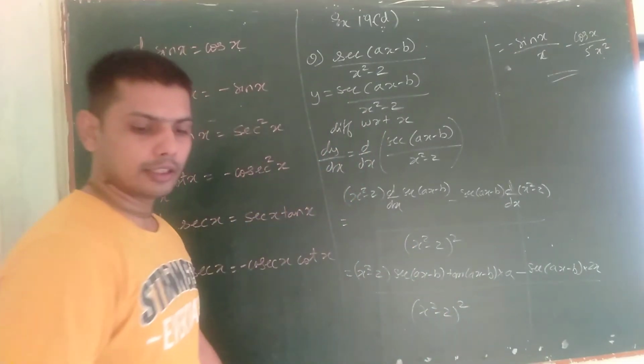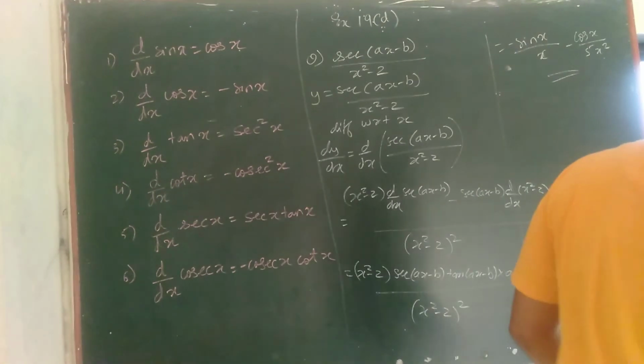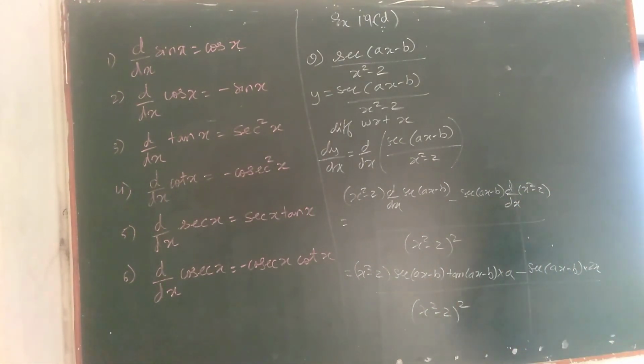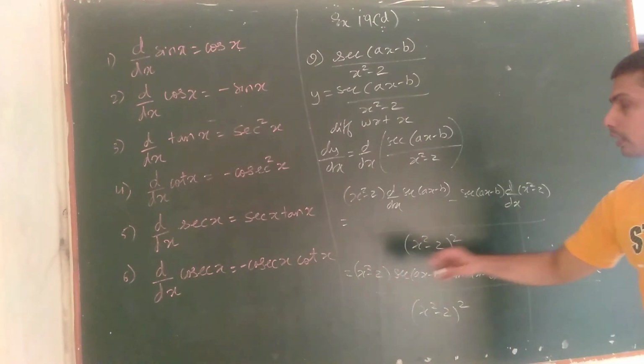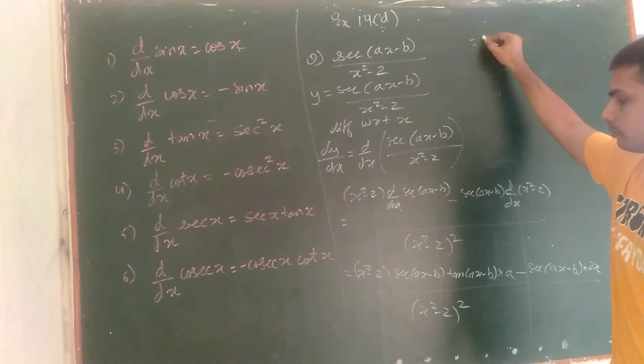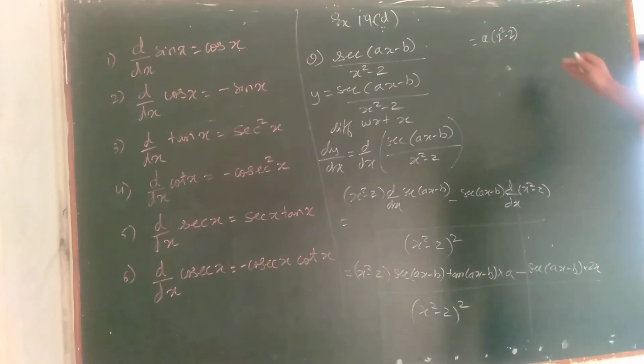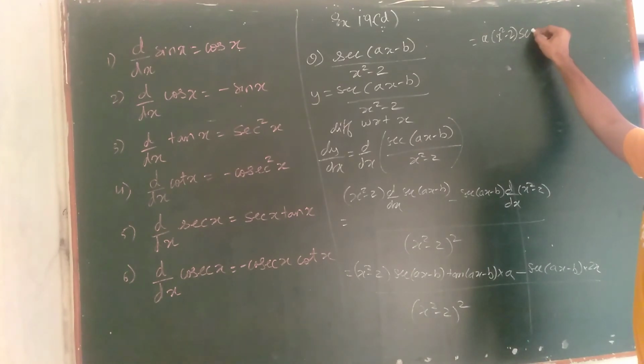So let us rearrange the terms and write the final answer. So what's the final answer? Here this a goes in the front. So this becomes a into x square minus 2, since the space is compact, so I am writing it very close together.